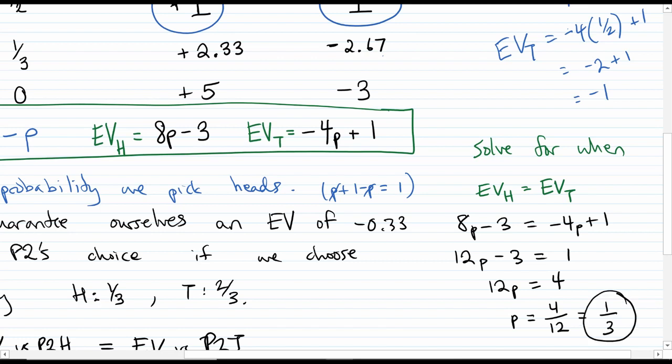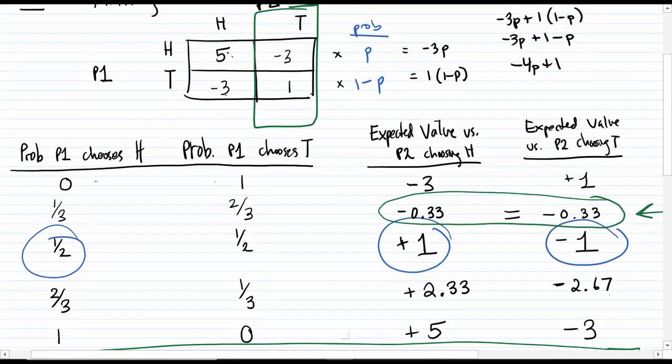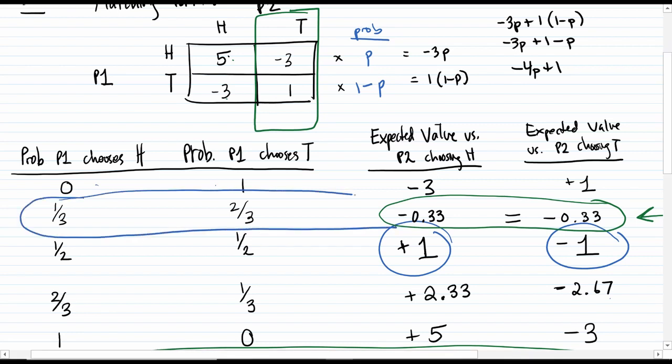That's just saying that these two expected values will be the same when the probability that I choose heads is 1/3. And that's completely in sync with what we saw in our table before. When the probability of heads was 1/3, that is what was giving us this nice equality between the two.